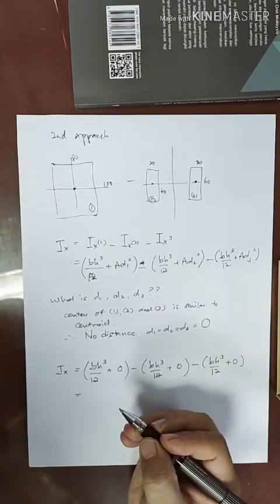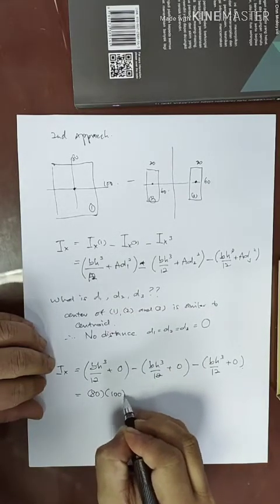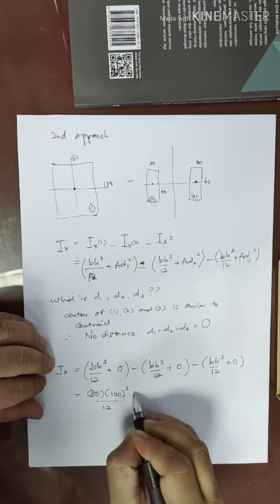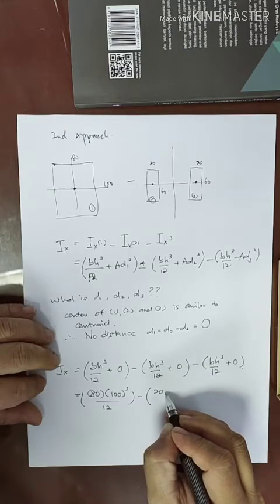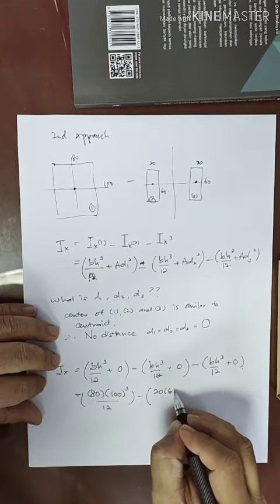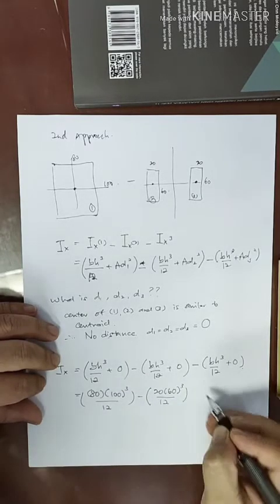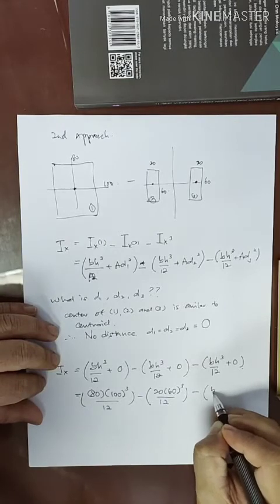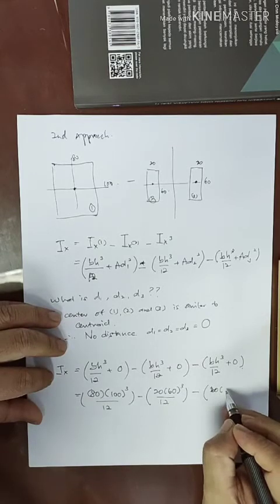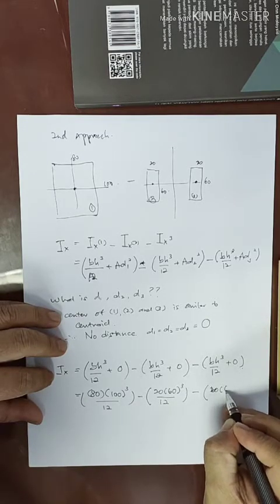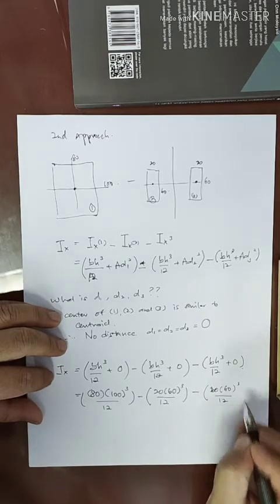And then it is all mathematical: 80 times 100 cubed divided by 12, minus 20 times 60 cubed divided by 12, minus 20 times 60 cubed divided by 12.